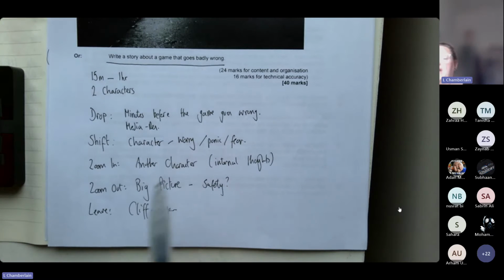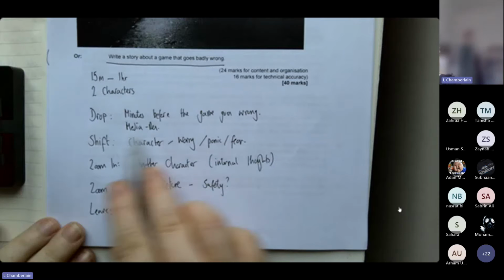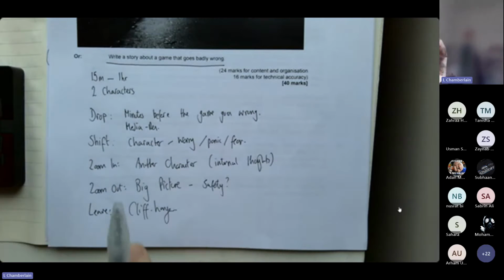Now, this type of planning is far more effective than doing a mind map or coming up with a list of complicated vocabulary that you hope you're going to be able to squeeze in, okay? You want to think really, really carefully about how you're going to create this image, okay? So I'm thinking about minutes before this game goes wrong.